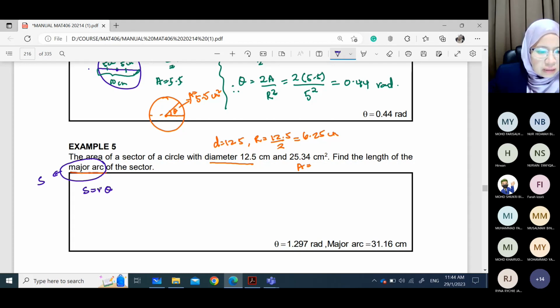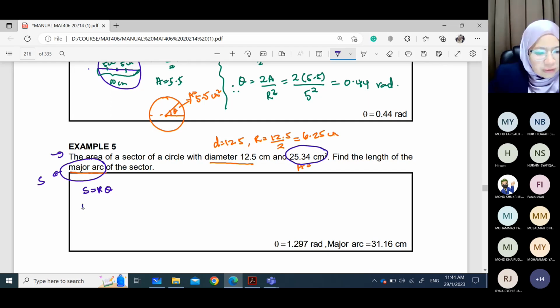So bila dia kata r theta maknanya ada dua komponen yang you perlu ada, iaitu radius dan juga theta. Dalam statement yang ini theta tidak diberikan tetapi dia bagi kita area. So daripada area ni kita boleh dapatkan theta sebab radius dah ada. So first kita kena cari theta ataupun angle dia.